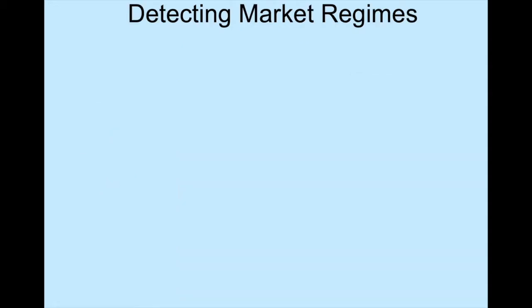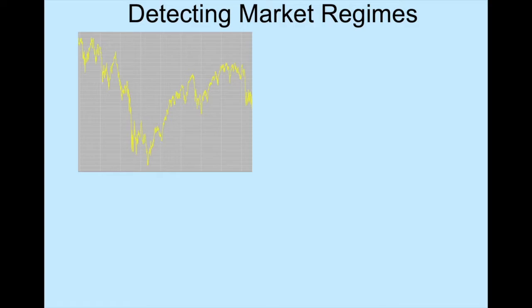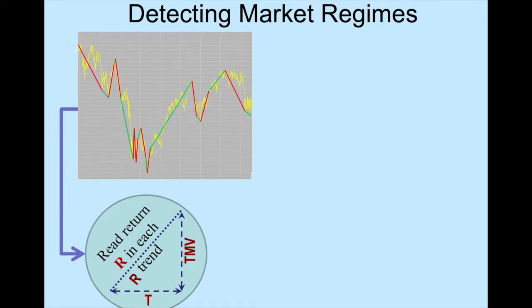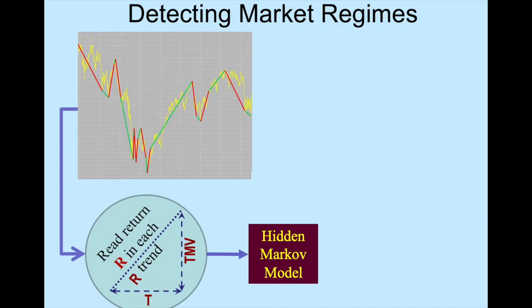We shall now explain how market regimes can be detected under directional change. This research is entirely data-driven, so we always start with data. First, we partition the market into trends as explained above. For each trend, we can measure the total movement, TMV, and time, T. We can then calculate the return, R. Next, we feed the sequence of returns into a hidden Markov model.